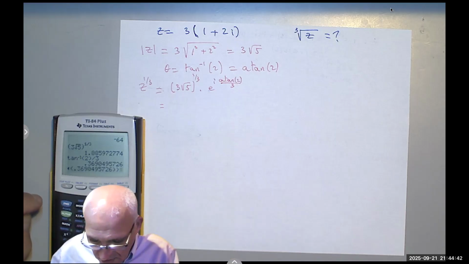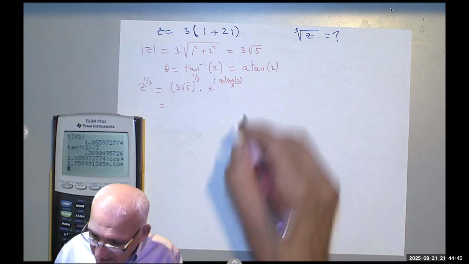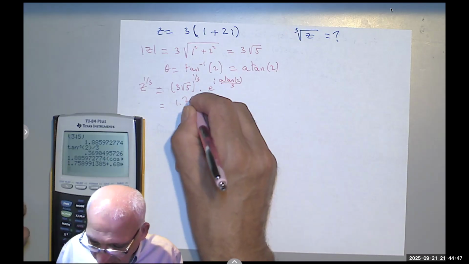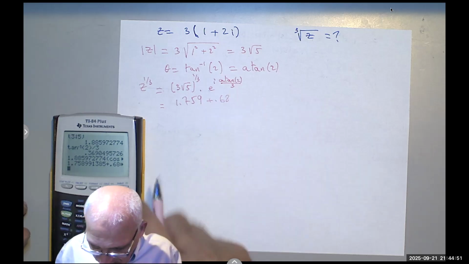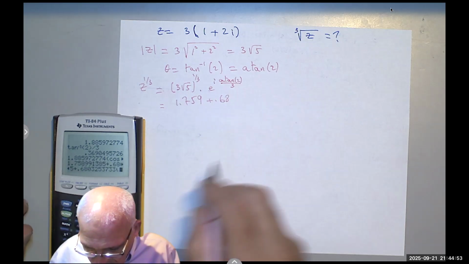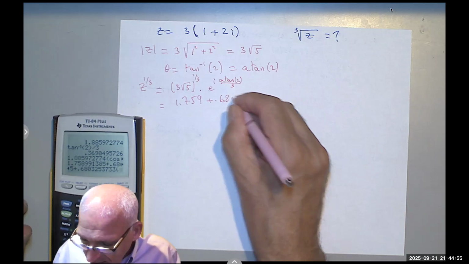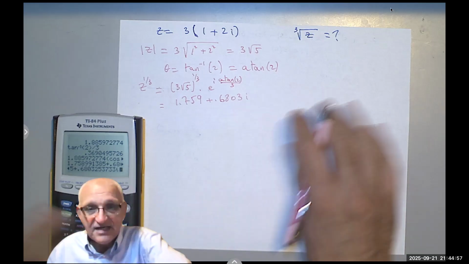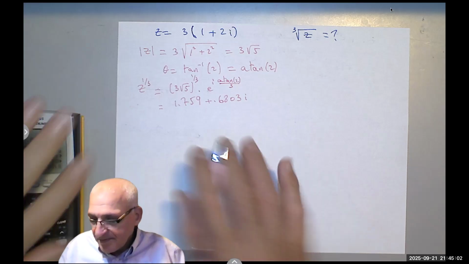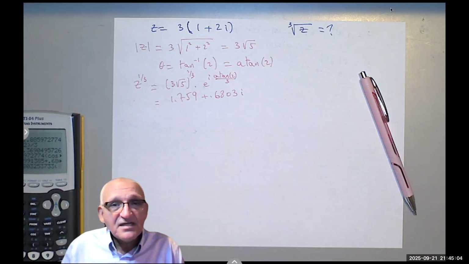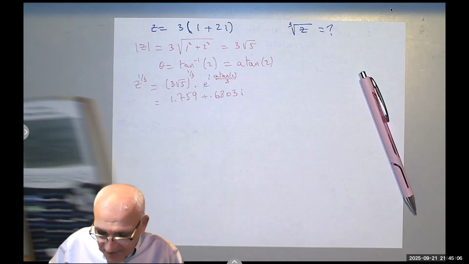So I get 1.759 plus 0.6803i is the answer. I will go back and talk about that.